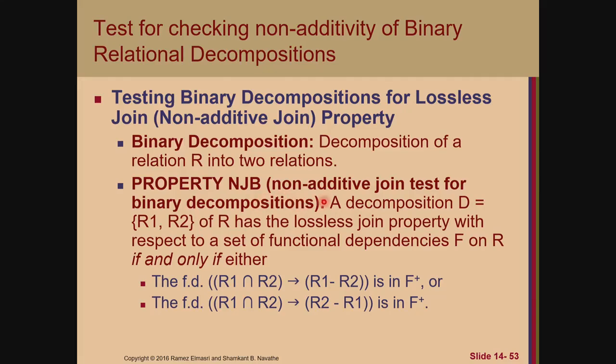Oh, it's really long. A decomposition D becomes R1 and R2 of R has lossless join property with respect to a set of functional dependencies F on R, if and only if either the functional dependency R1 intersect R2 determine R1 minus R2 is in F plus, the set of all functional dependencies, or R1 intersect R2 determine R2 minus R1 is in F plus.